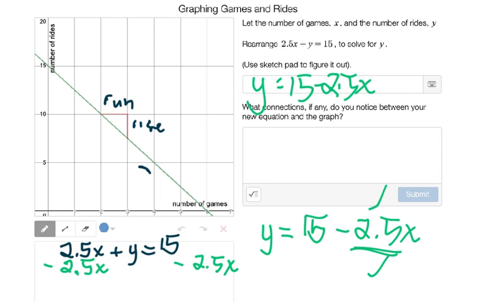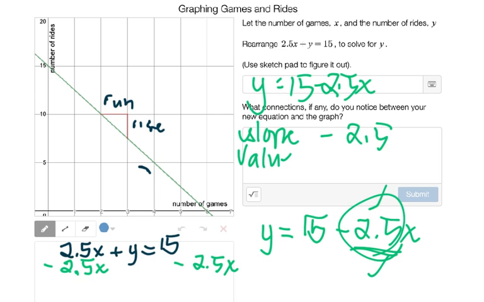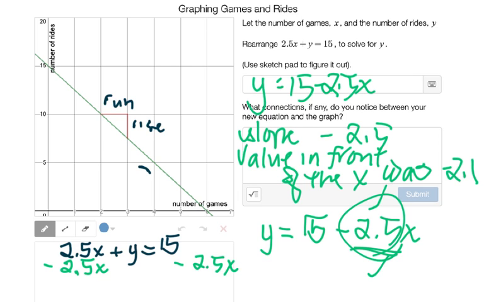That my slope was negative 2.5 and my value in front of the x was also negative 2.5. And why is it negative? Remember, we read graphs from left to right.